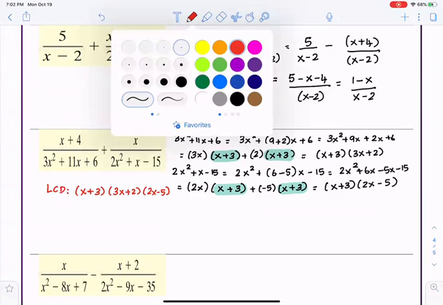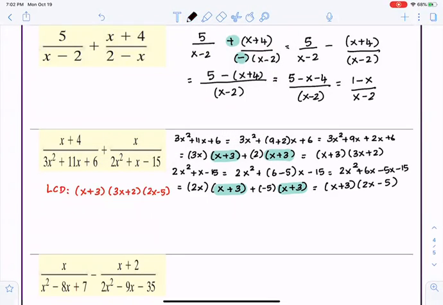So we go back to the addition part, and I'm going to rewrite the rational function as x plus 4 divided by the factored form, which is x plus 3 times 3x plus 2. Same with the other term.